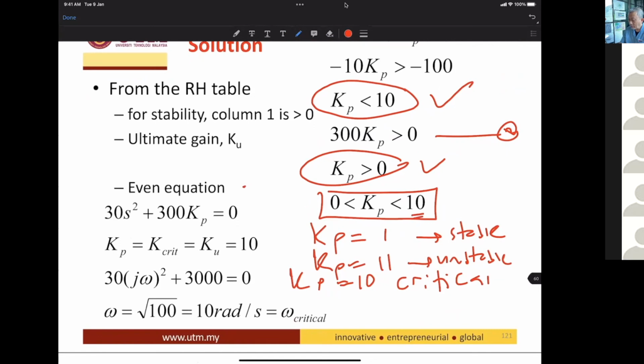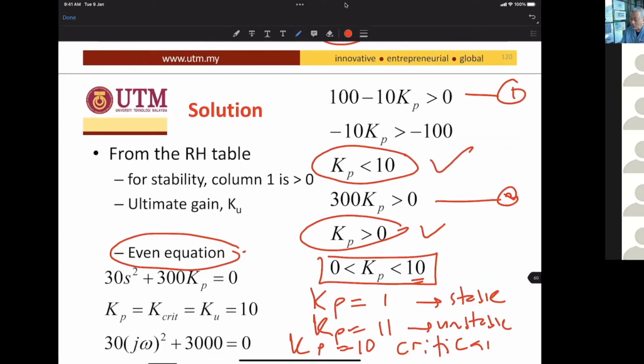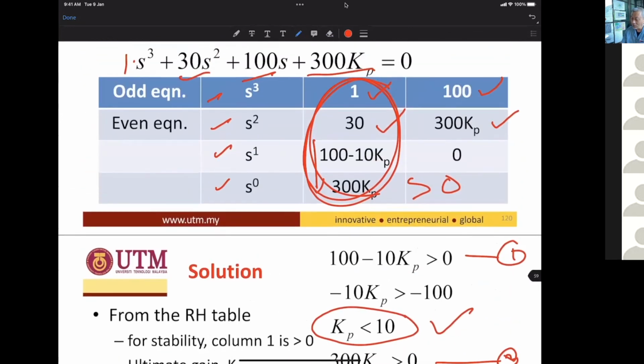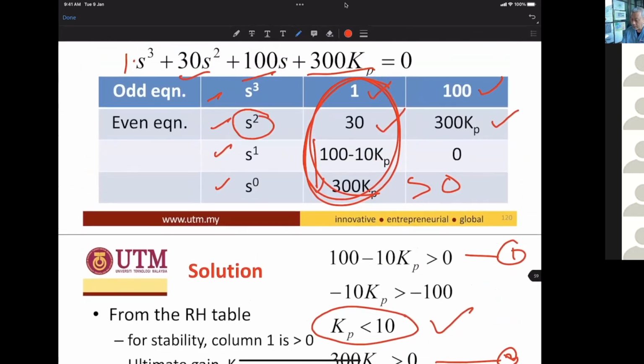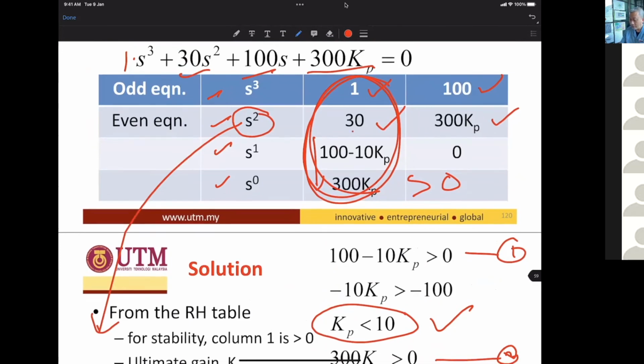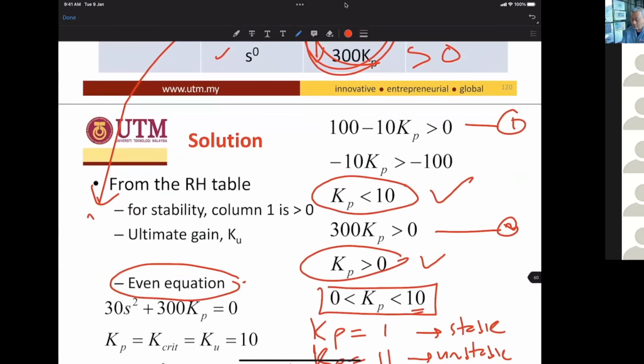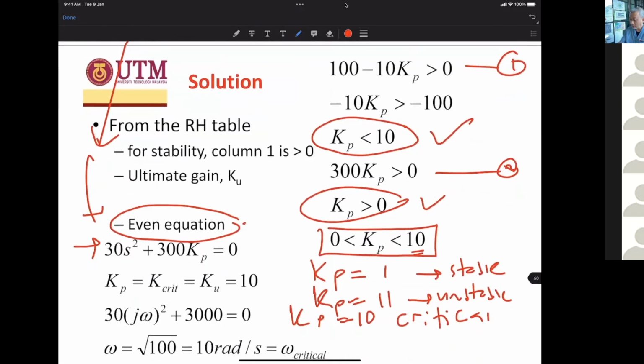Use this Kp equal to 10 and put it inside the even equation. How do you get the even equation? We get it from the Routh-Hurwitz table: 30 S squared plus 300 Kp. Here Kp is the Ku, which is 10.